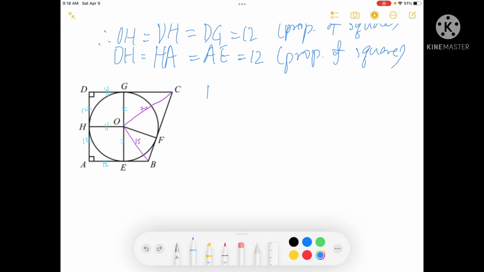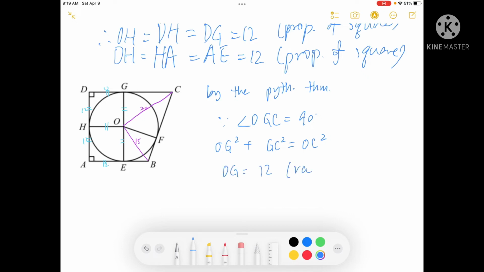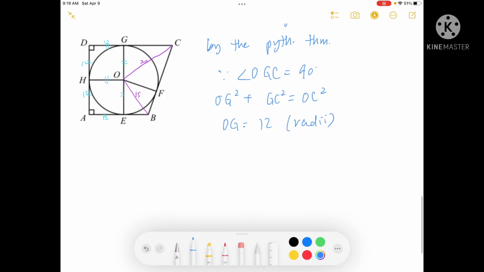By the Pythagorean theorem, because angle OGC is equal to 90 degrees, we know that OG squared plus GC squared is equal to OC squared. OG is equal to 12 because it is the radius.